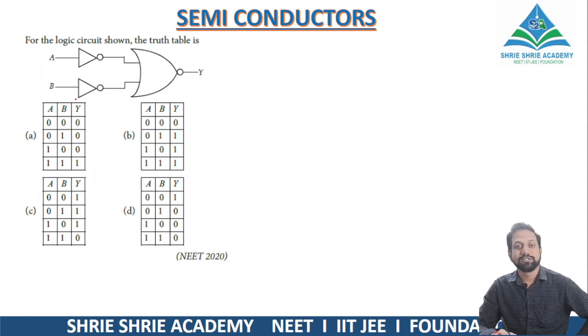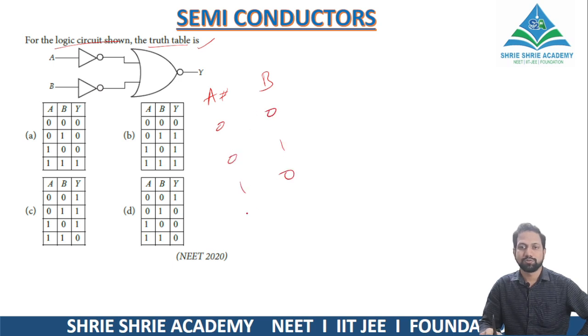And last, for the logic circuit shown, what is the truth table? First of all, to decide the truth table, you should substitute A, B values like 0 0, 0 1, 1 0, 1 1. The output is Y here. Instead of cross checking everything, you can substitute A here and A bar over here because it's a NOT gate, and B bar for B. Then it is a NOR gate.